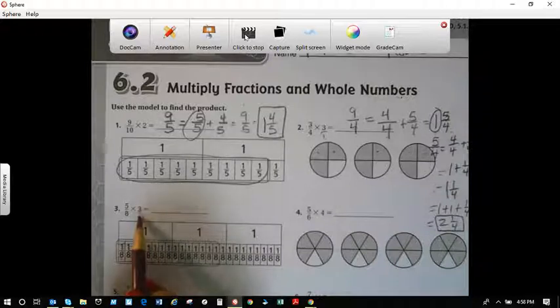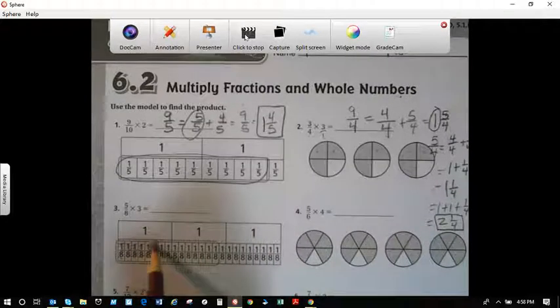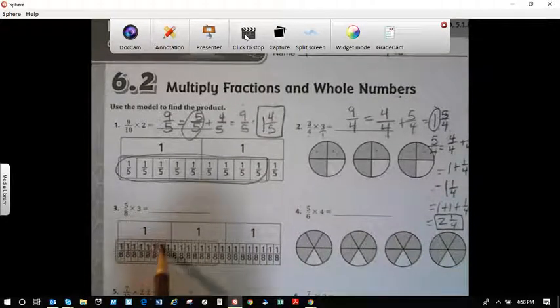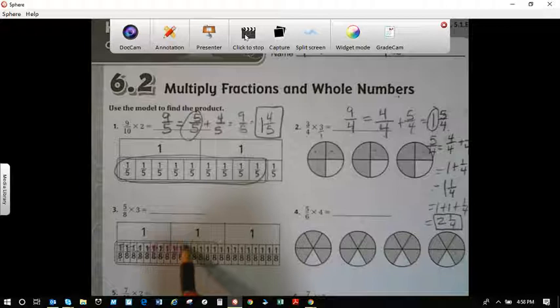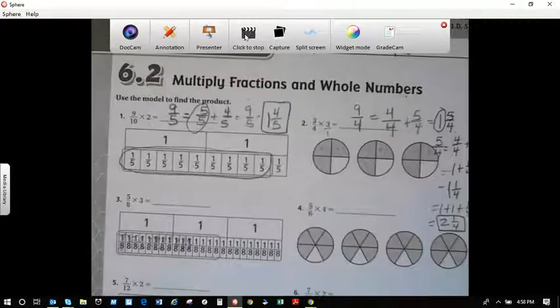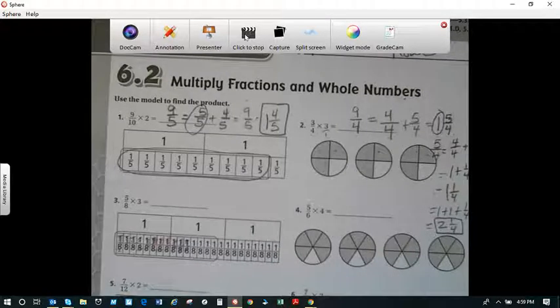And it's times 3. And this is 1/8, 2/8, 3/8, 4/8, 5/8. That's the second group. And then I'm going to take my third group, and this is 1/8. That kind of looks like the pencil there, doesn't it? Oh, just looking for my pink pencil.